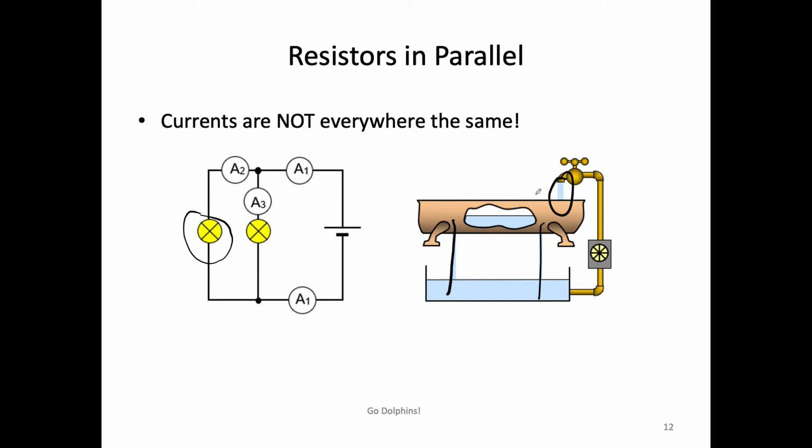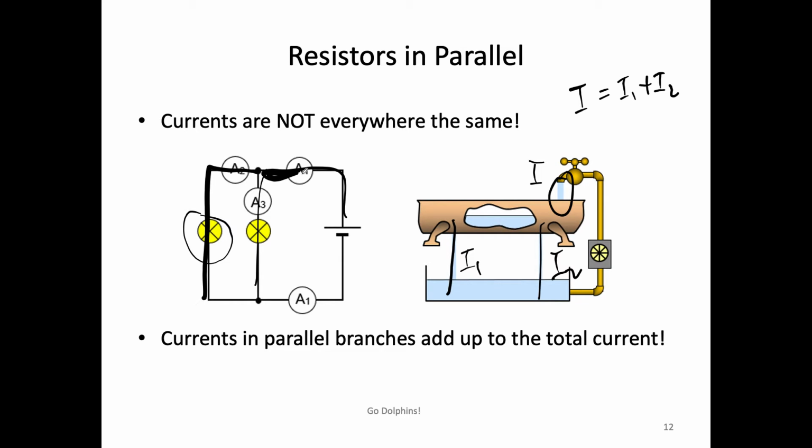Then this is a total water current. This is water current 1. This is water current 2. And of course, you can imagine I equals I1 plus I2. And this is the same thing. You have total current here split to A2, split to A3. Here you should have the total current equal to the sum of the current going through the different resistors. And then we need to think about the potential.